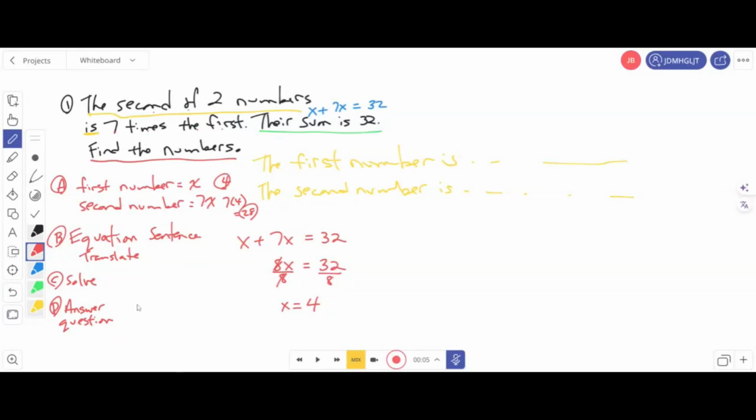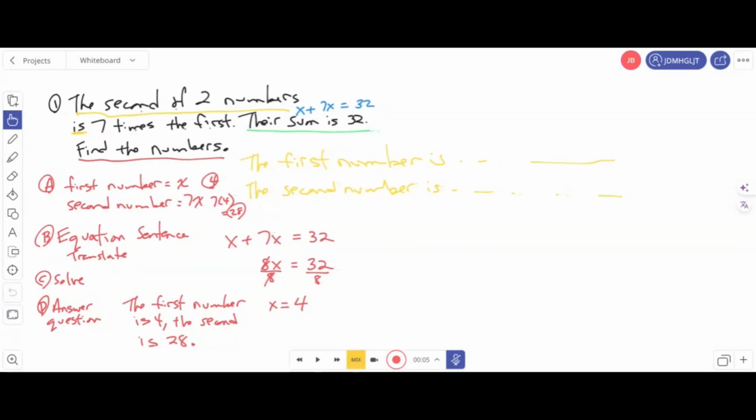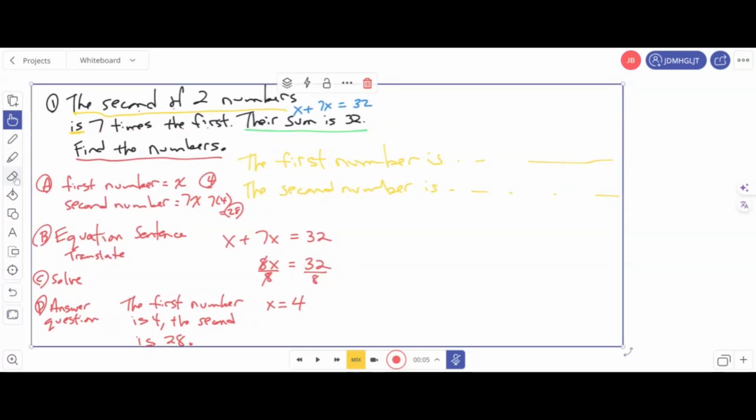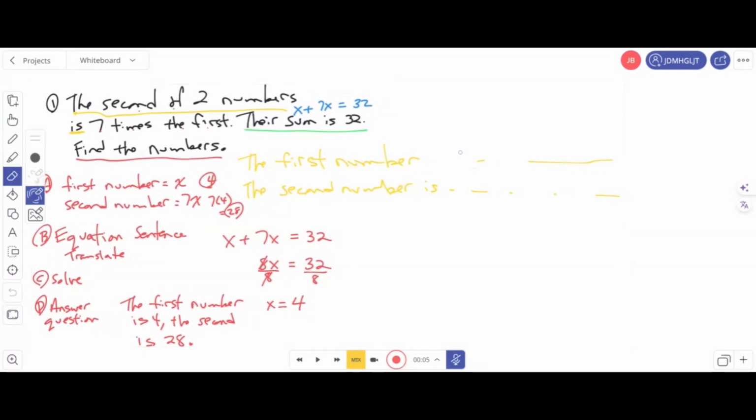So the answer to the question is the first number is 4, the second is 28. So you can see the problem's gotten just a little bit more complicated. Not terribly complicated, but a little more complicated than what it's been.